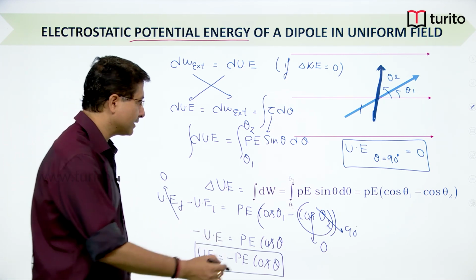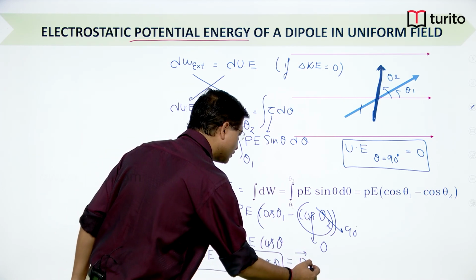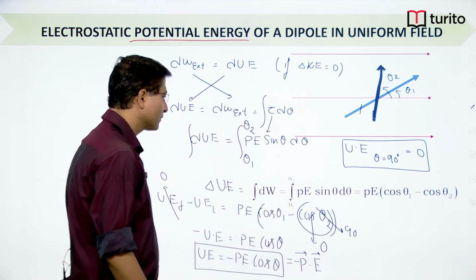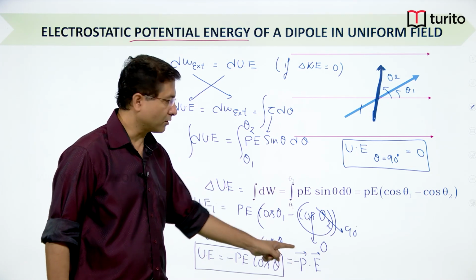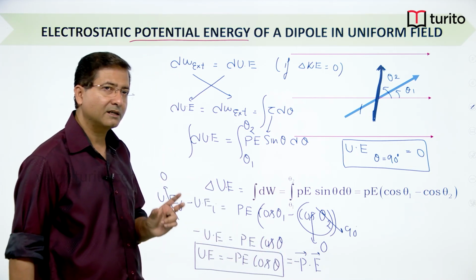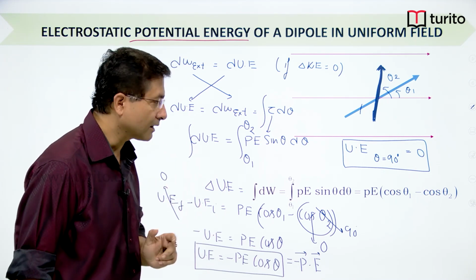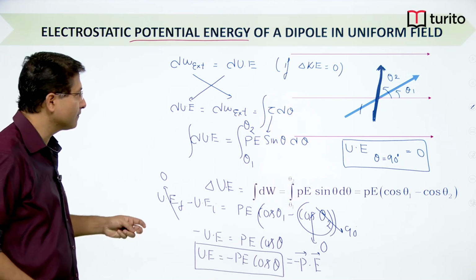This can also be written as P vector dot E vector with minus sign. By cos theta I can write in terms of dot product. So, the potential energy expression is minus P vector dot E vector, right. So, I hope derivation is clear.